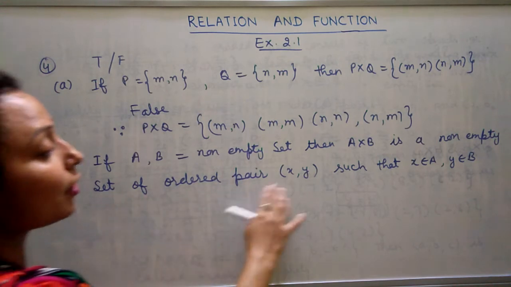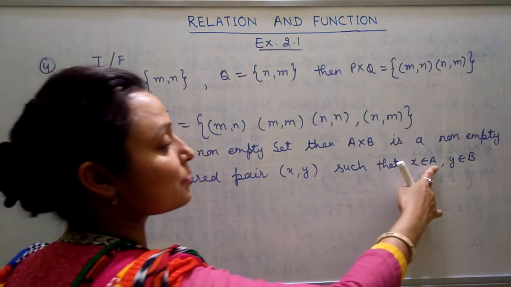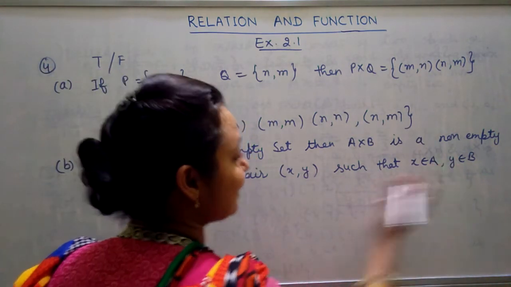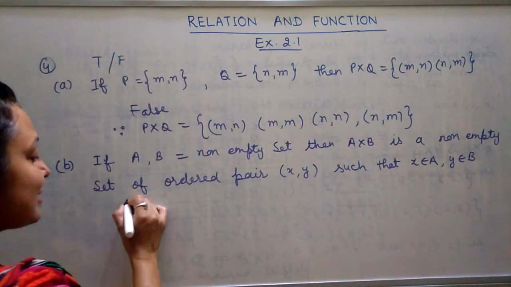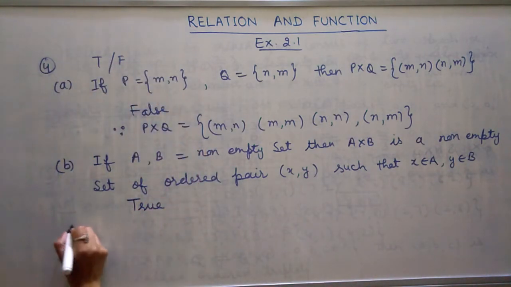It is the set of all ordered pairs (x, y) where the first element belongs to the first set and the second element belongs to the second set. This is true.